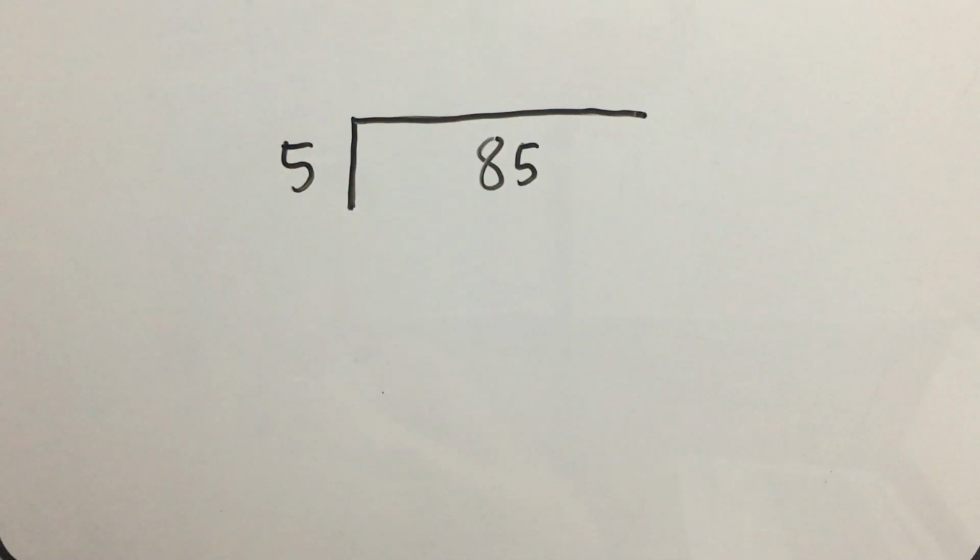Step 2. Divide the first digit by the divisor. If the number in the first digit is less than the divisor, include the next digit before dividing the number by the divisor. Write the quotient on top aligned with the digit that you divided.